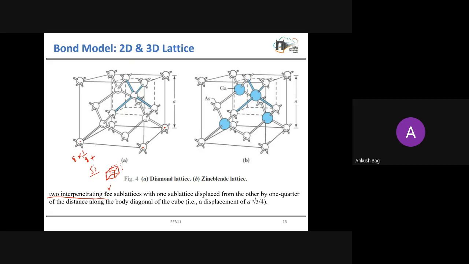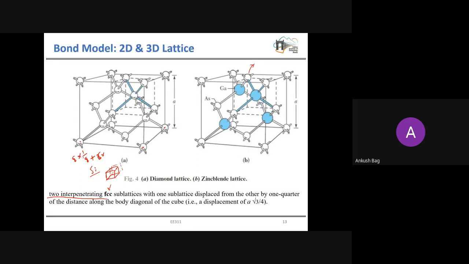Then you have this FCC. There are 6 atoms on the faces, and if you place one atom at the surface, that atom will be half shared by the particular cube and the other half by the neighboring cube.